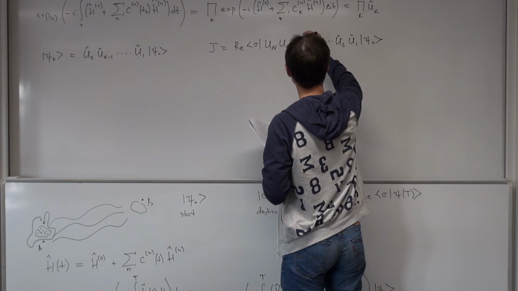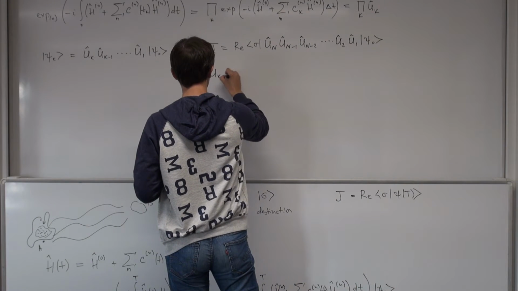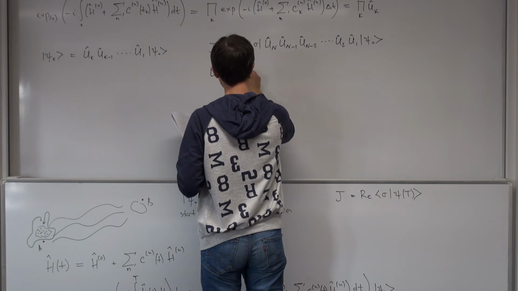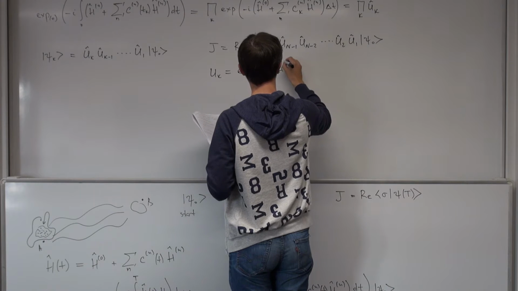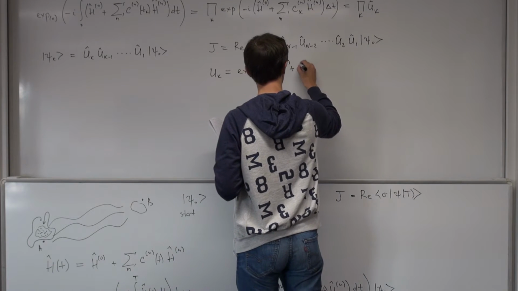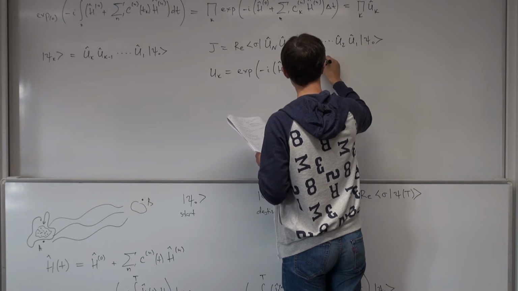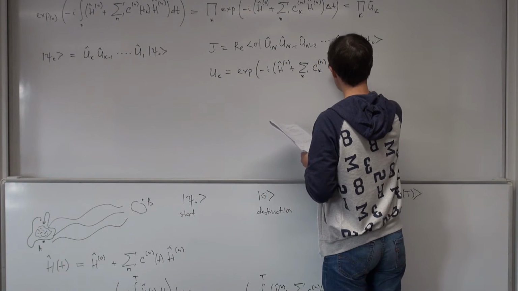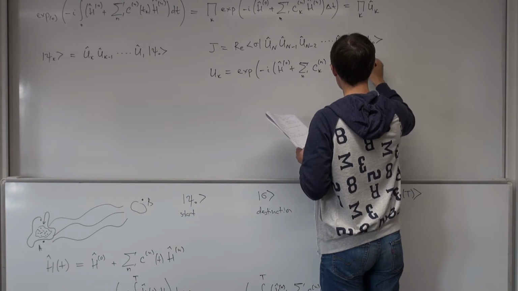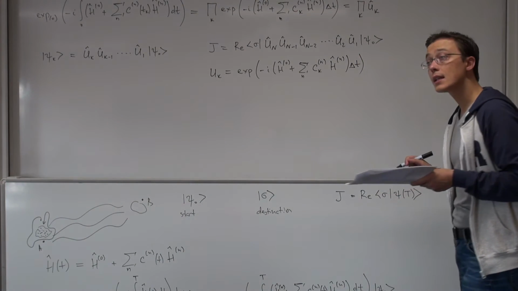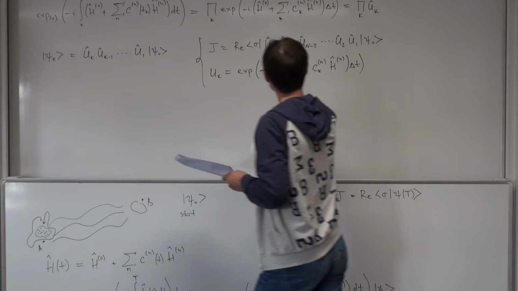And these are just slice propagators, where each individual U_k is, as per the above, an exponential of minus i times H naught plus the sum over all the controls, the amplitudes of those controls at the current time point, times the control operators, times the length of the kth time slice. Okay, so we've now discretized the system.